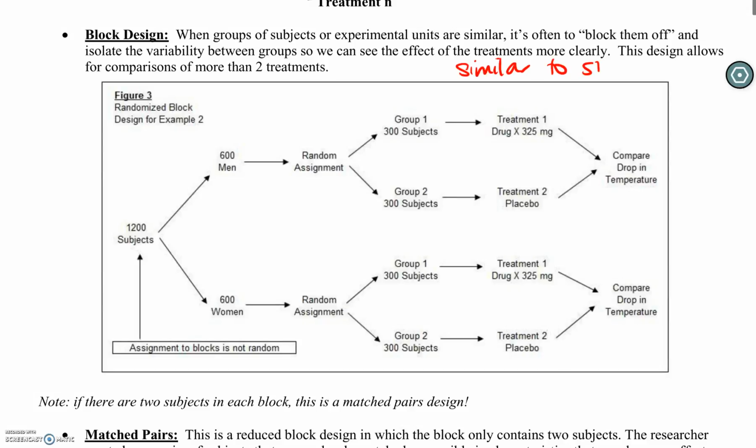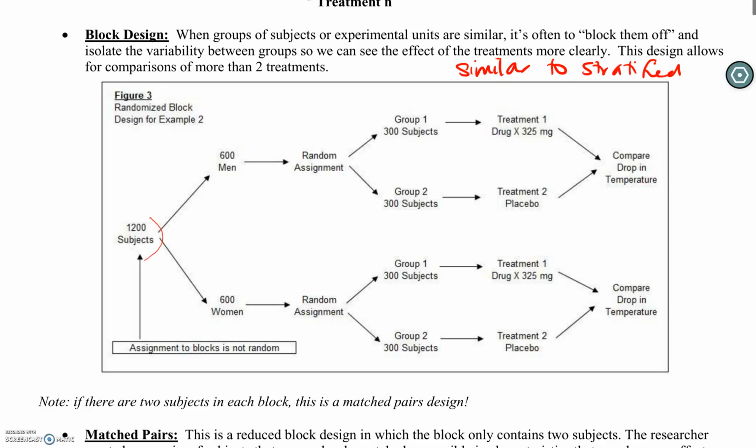to stratified, right? If we are worried that it could end up where all of our men end up in this treatment and all of my women end up in the control, or that the numbers are really far off, what we can do is we can take our subjects and then divide them into groups that are similar, just like we would in a stratified. And then from that, we do our random assignment. Big difference between it and stratified, the random assignment versus random sample, right?